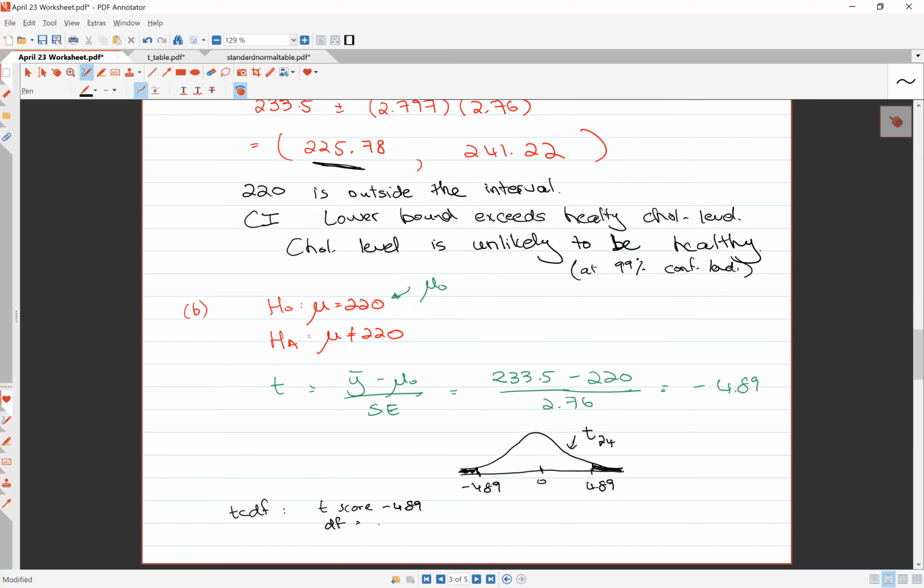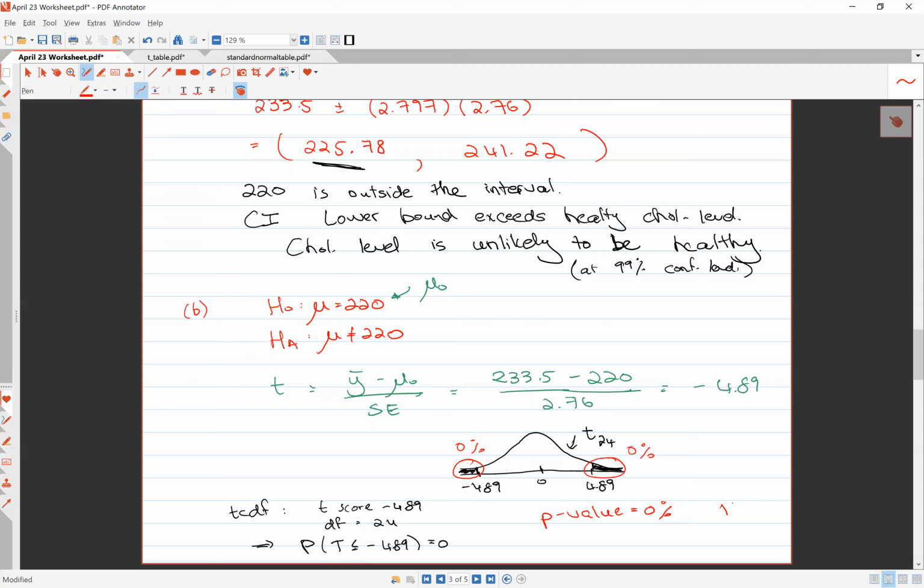You'll put in degrees of freedom is 24, and it will tell you probability that t is less than or equal to negative 4.89, it'll give you a 0. So what this is telling you is that there's 0% effectively in this tail, which means 0% effectively in the other tail. And so our p-value here is 0%.